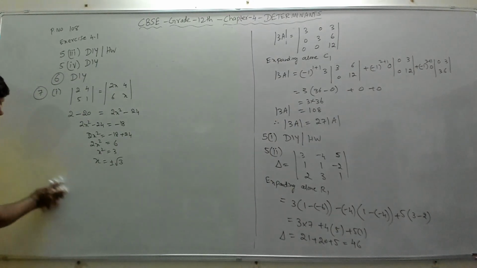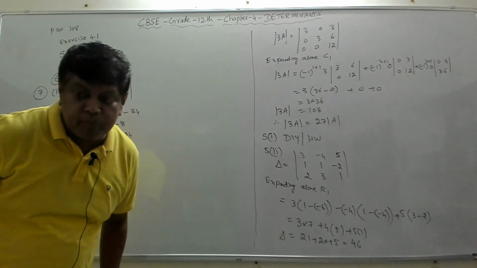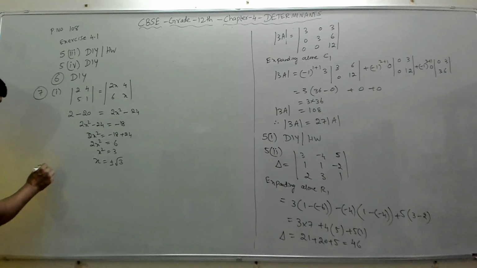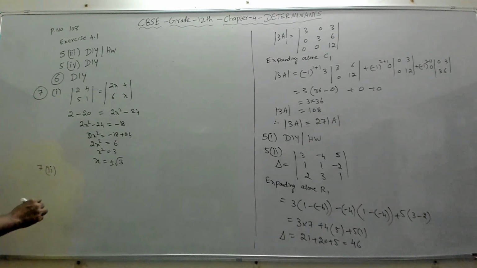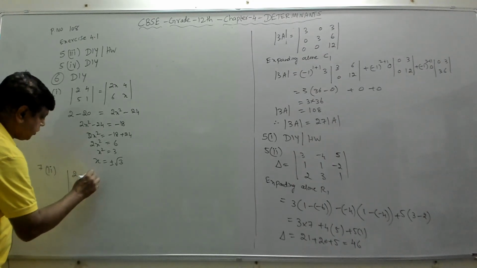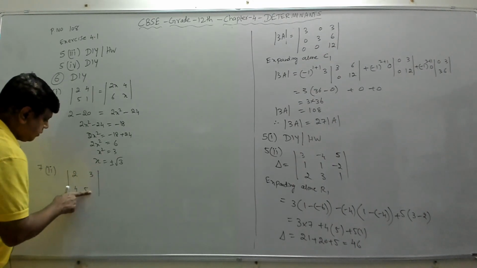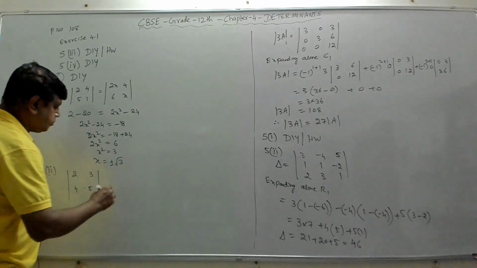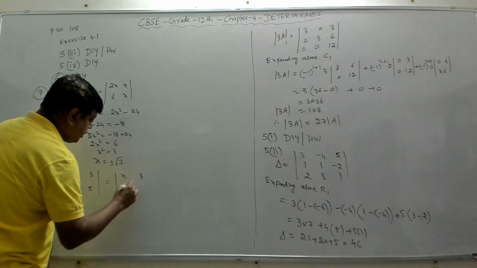Then the second problem we'll do. So the second one is the same type. What is given is the determinant of 2, 3, 4, 5 equal to the determinant of x, 3, 2x, 5.